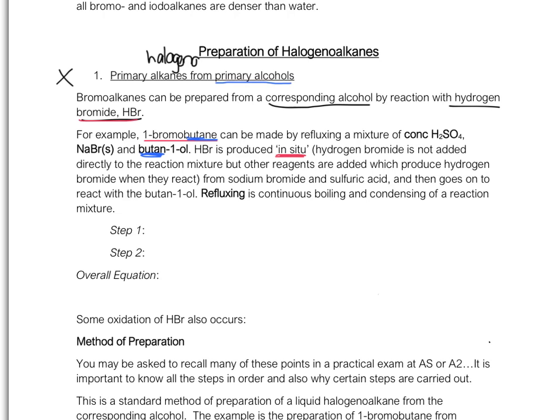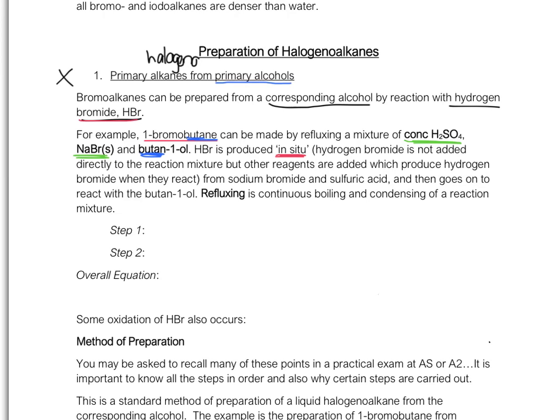In situ just means that rather than adding hydrogen bromide directly, hydrogen bromide itself is made in the reaction mixture before it then goes on to react with our butanol. There are 2 reactants that we make our hydrogen bromide from: concentrated sulfuric acid and sodium bromide.